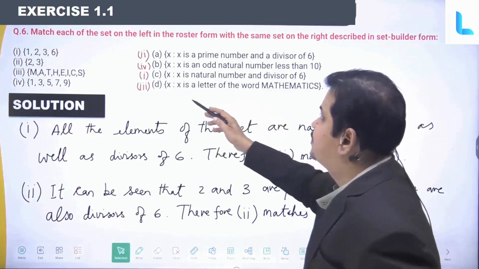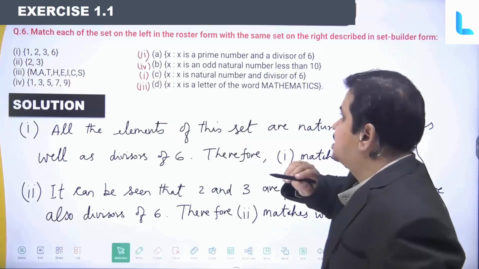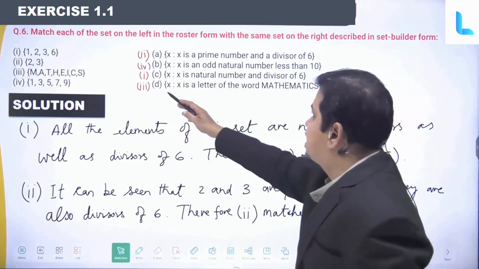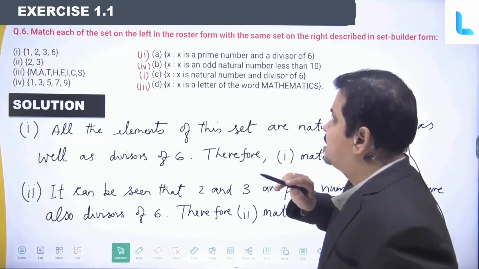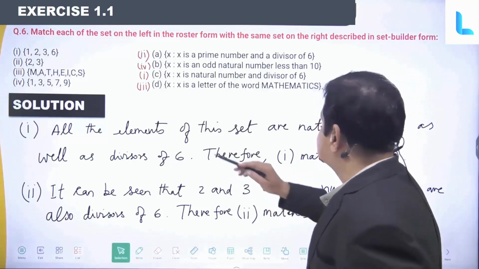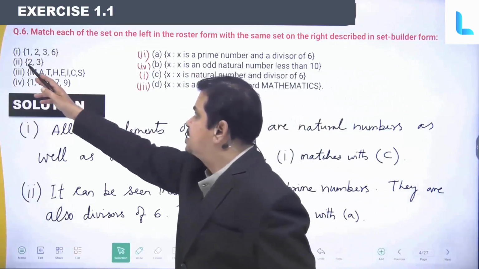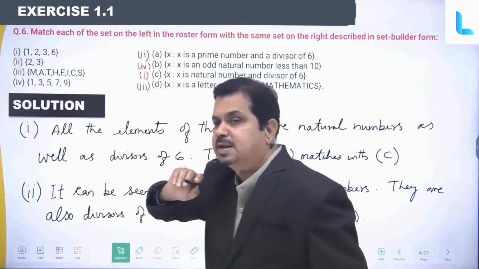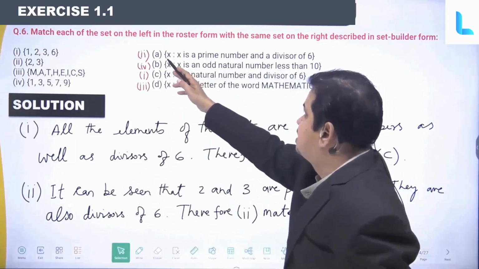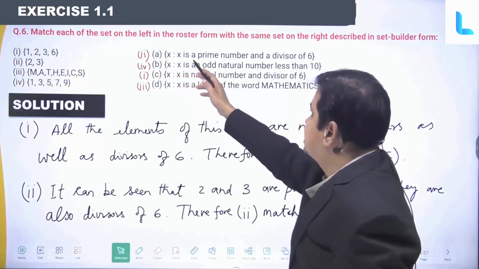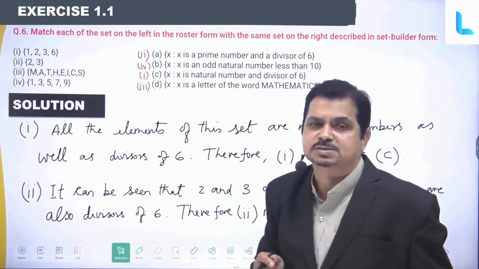This doesn't go with item number 2, and similarly this also does not go with item D. Therefore, we can clearly tell that 2 matches with item A. Because on the left hand side you can see a set containing 2 comma 3, and this clearly matches with A, where it reads a set of all x such that x is a prime number and a divisor of 6.